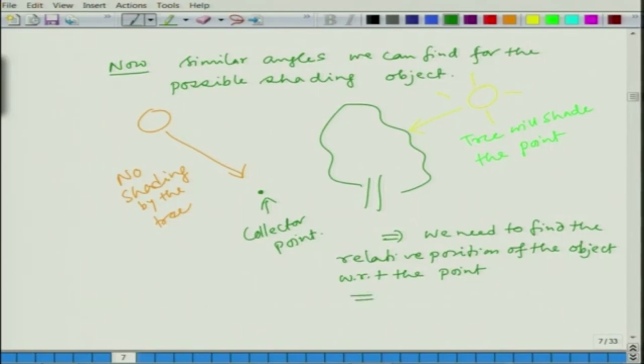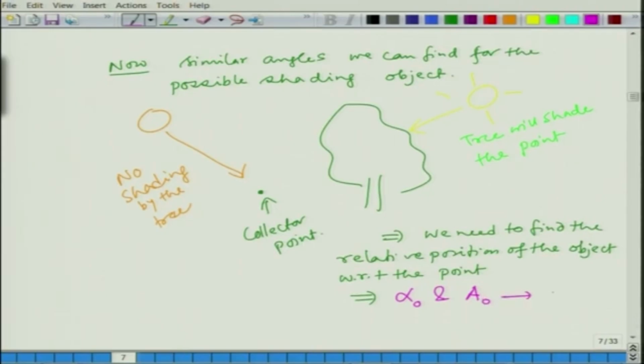And the same measurement we can have, like we will have alpha and A azimuth angle, but now we will put a subscript O for the object.